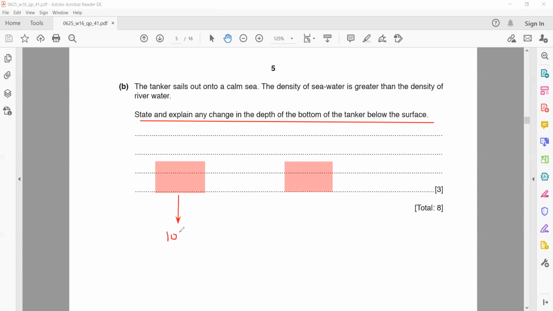For example, the weight of tanker A is 100 Newton, and the weight of tanker B, an identical tanker, is also 100 Newton, but the first one is in a river and the second one is in the sea.